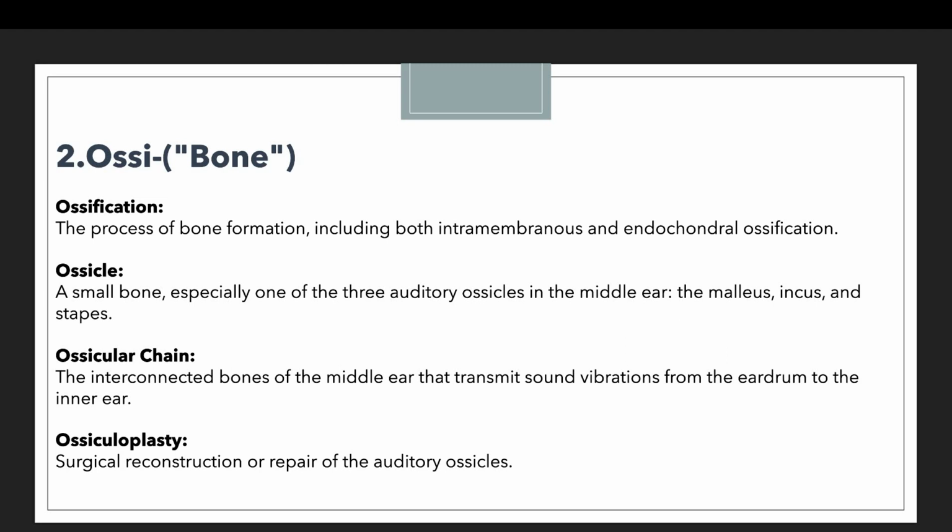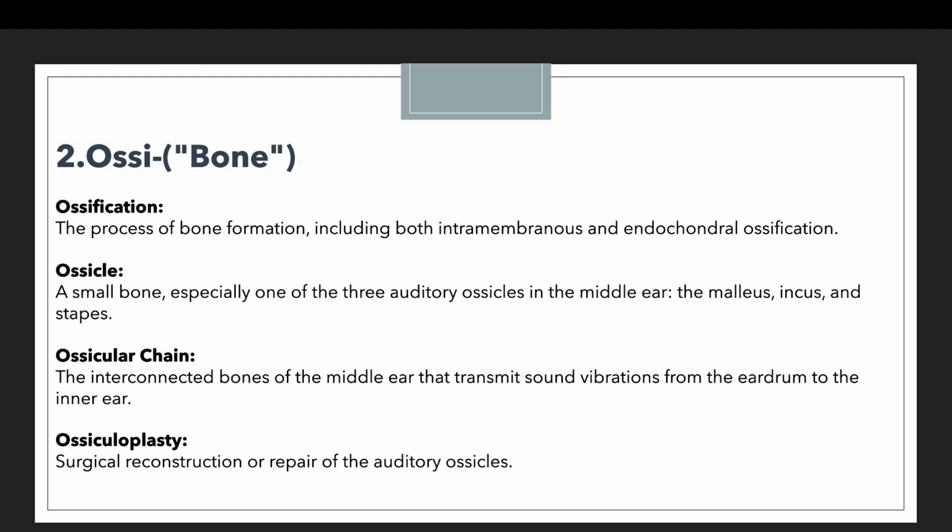The first one is ossification. What is ossification? The process of bone formation, including both intramembranous and endochondral ossification. So this entire process is defined with the help of the terminology ossification, which is initiated with the prefix ossi.